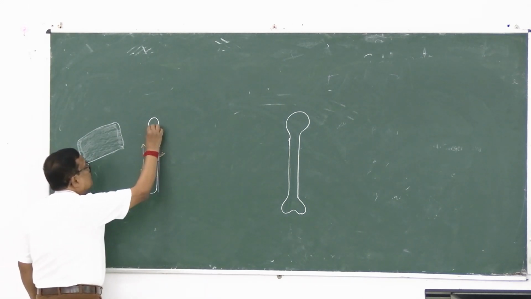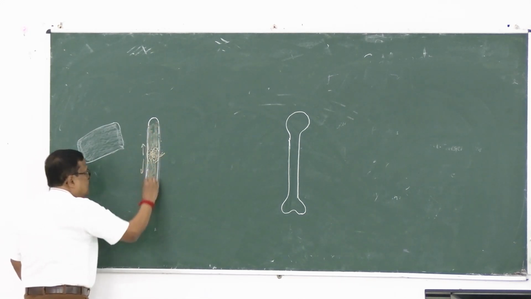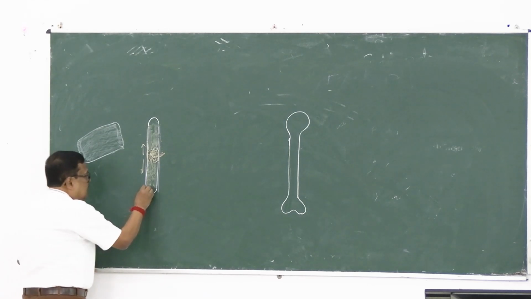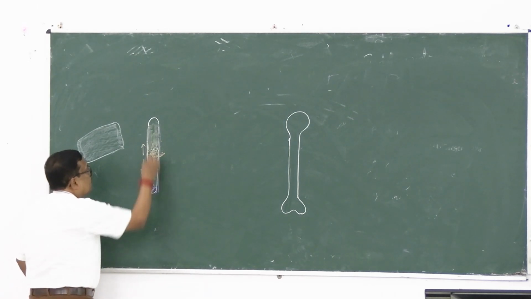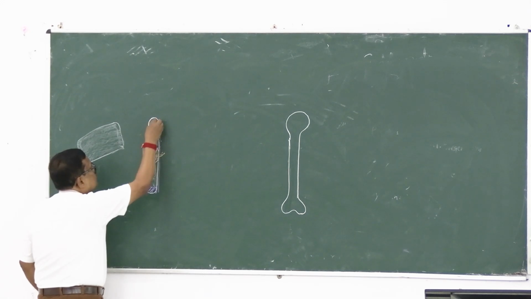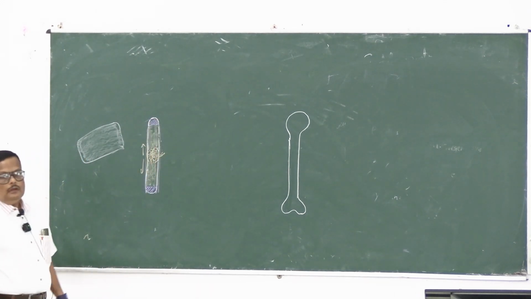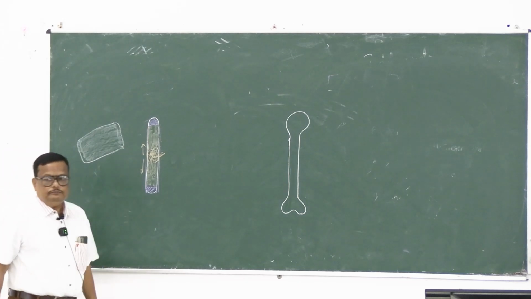Ultimately, it reaches more or less the end part of the bone. But at the end part of the bone, the cartilages are still present. It is not converted into bone when the baby is born. And the baby is now born.